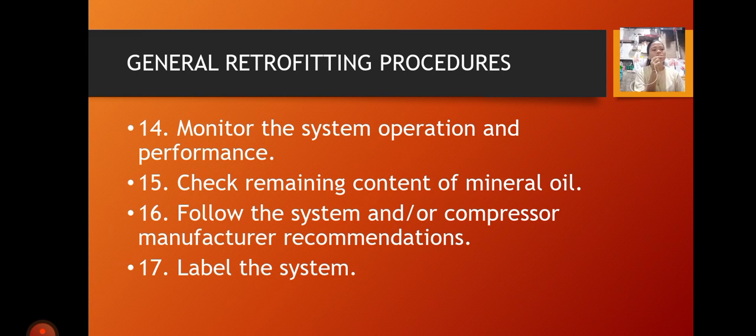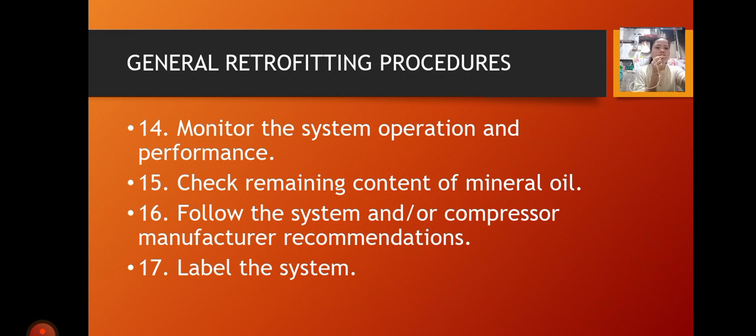Using a refractometer or oil test kit, check the amount of mineral oil remaining in the system. Number 16. Follow the system and or compressor manufacturer recommendations. So always refer to the compressor manufacturer's recommendation as tolerance is dependent on the system and its operating conditions.